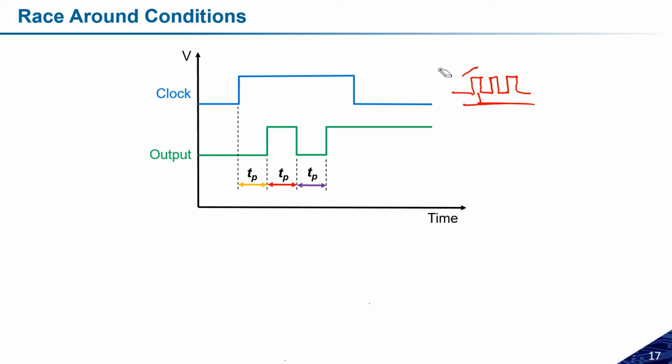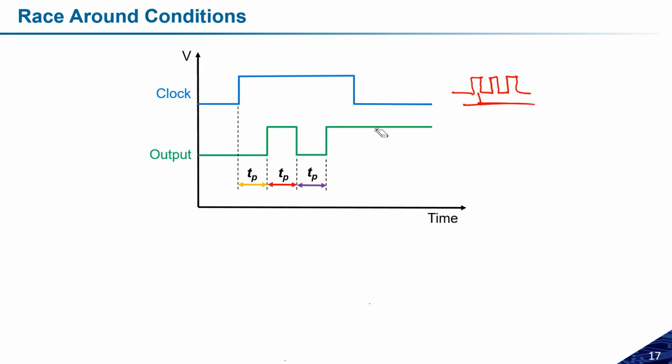The clock pulse width depends on many parameters we just saw in the last slide: the delay of the flip-flop, the delay of the next state logic, and the setup time. All these parameters decide the clock pulse width. So by reducing the clock pulse width we can reduce race around problems, but 100% removal is not possible.